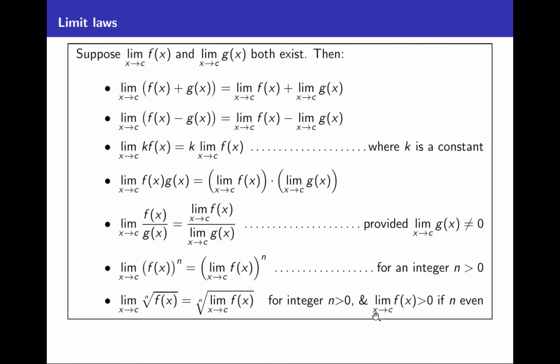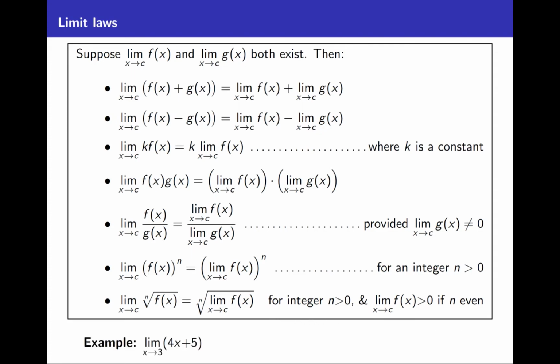But we do insist that the limit as x approaches c of f of x has to be greater than 0 for this limit law to work when n is even, because if this were less than 0, negative, you couldn't take an even nth root of it. So again, it's sort of like the rule up here. You've got to be a little bit careful in applying this sometimes.